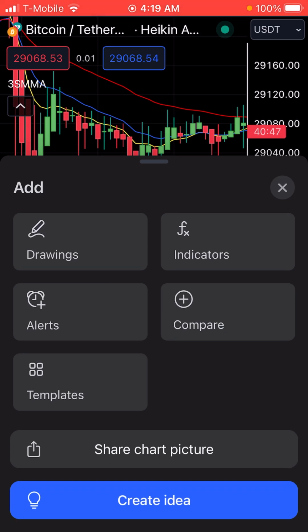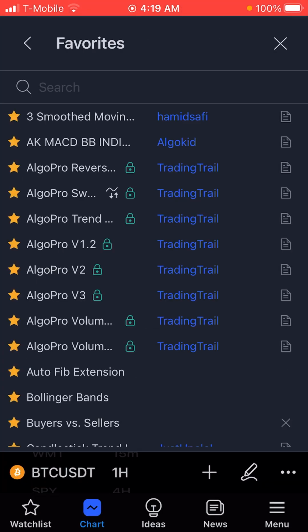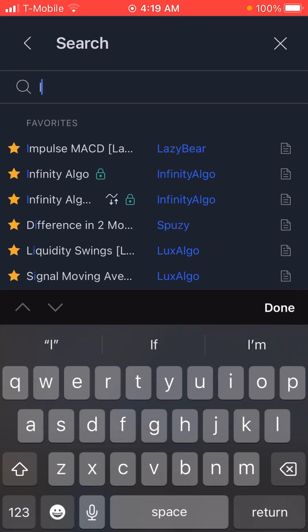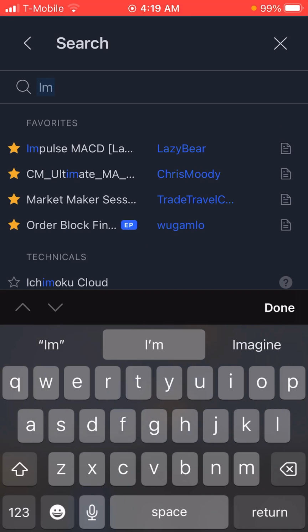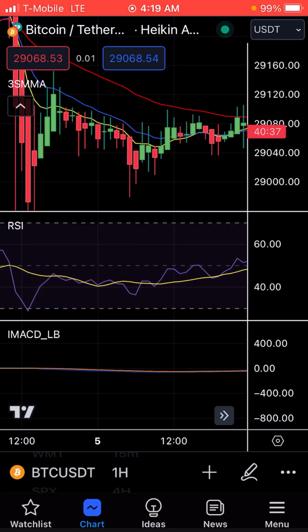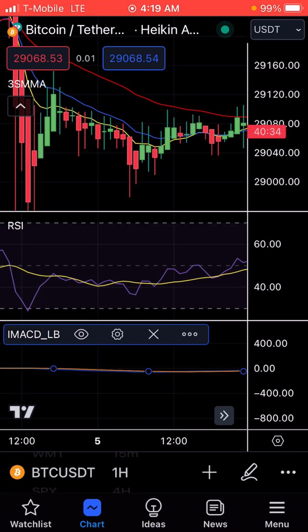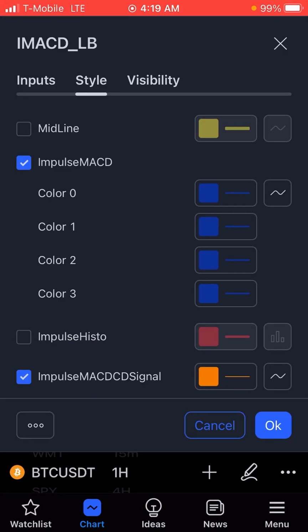You're going to go to indicators and look for impulse MACD by Lazy Bear. You're going to have that one there, but you're going to change the settings. Now, you guys can go on YouTube and look up other YouTubers that have different formulas for the impulse MACD, but I'm not using it for the stochastic or the MACD part of it.